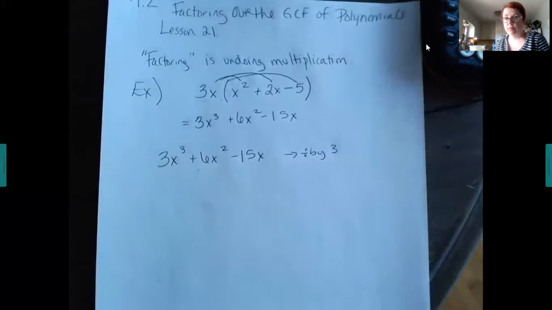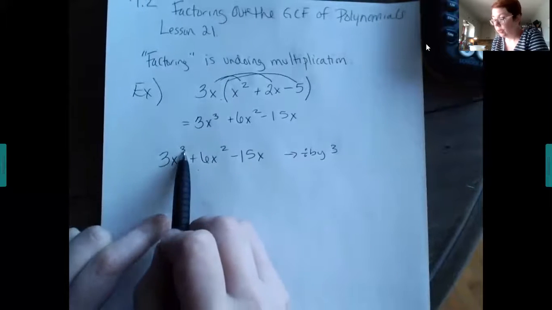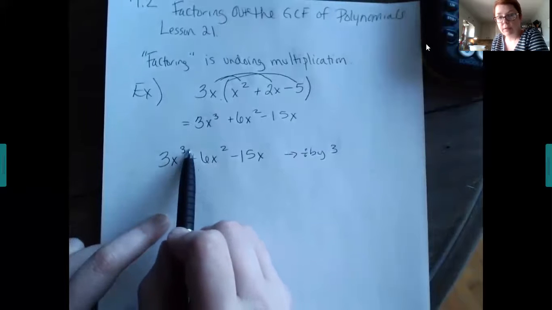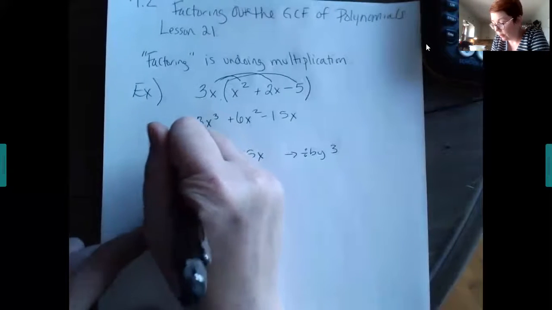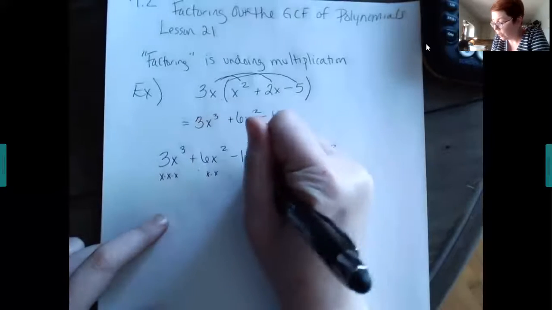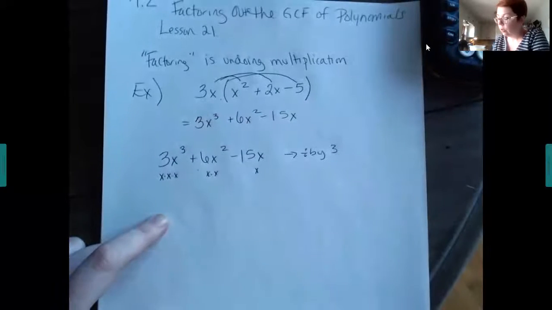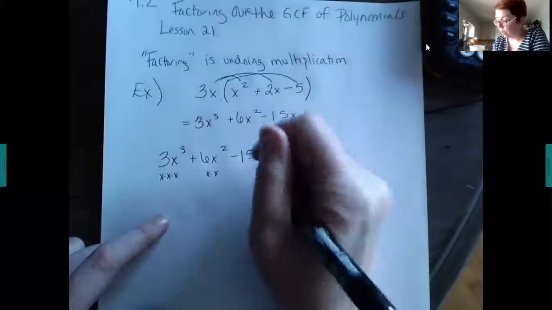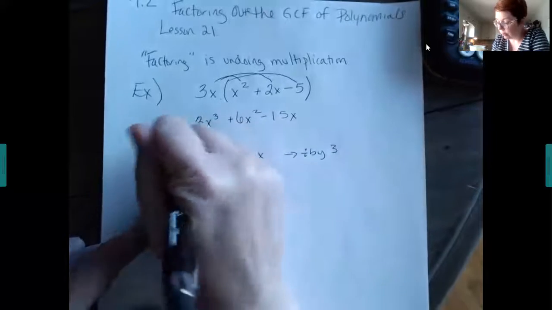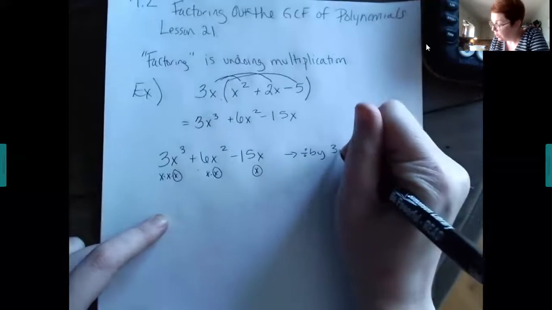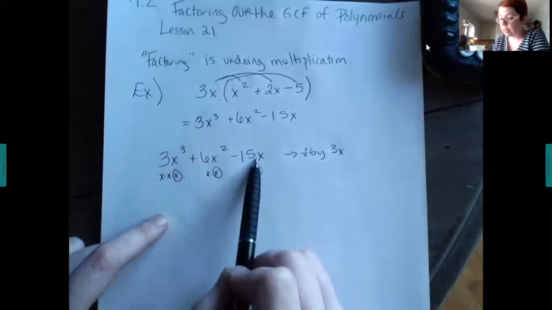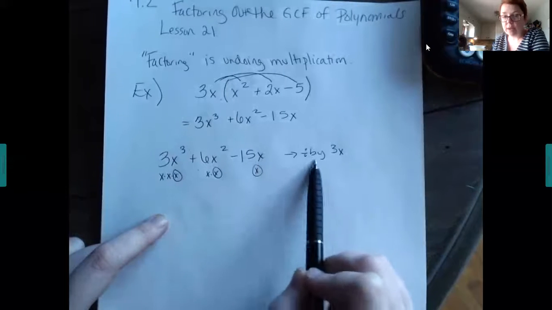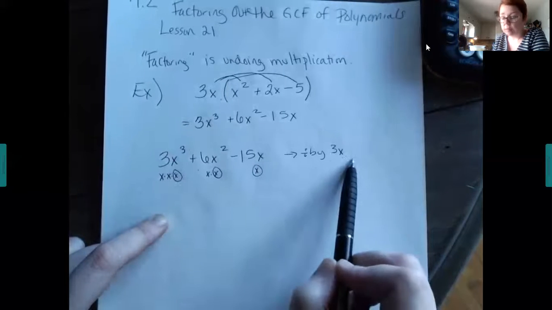So what can I take out? This has 3 x's, x to the third. This is x squared, so this has 2 x's. But this only has 1 x. So what they share is a single x in common. So this tells me that I can take this set of terms and evenly divide everything by 3x.